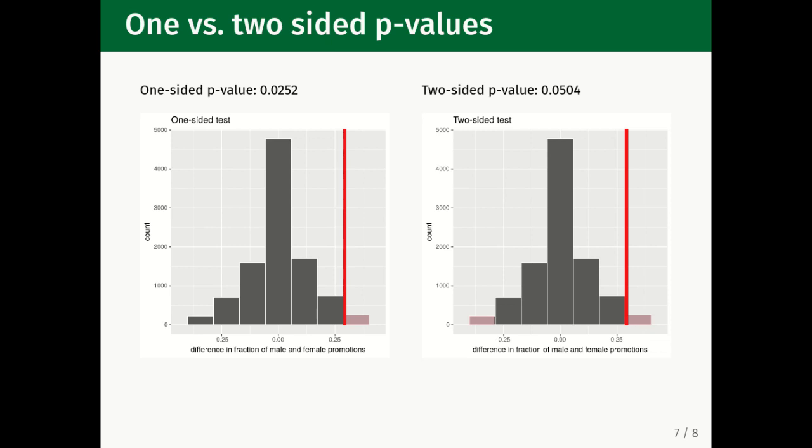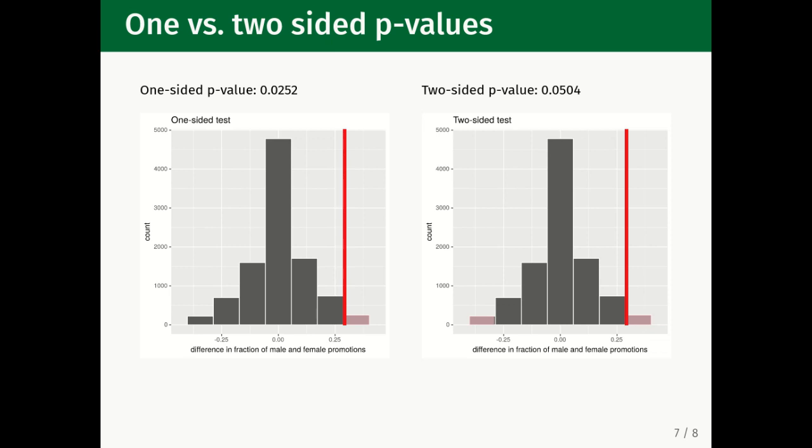Here I have run the same gender promotion data through both a one-sided and a two-sided test. In the one-sided test, which you see on the left, the p-value is below 0.05, so we can accept our alternative hypothesis that men are promoted at higher rates than women. In the two-sided test, the p-value doubles because the pink shaded area is twice as large.